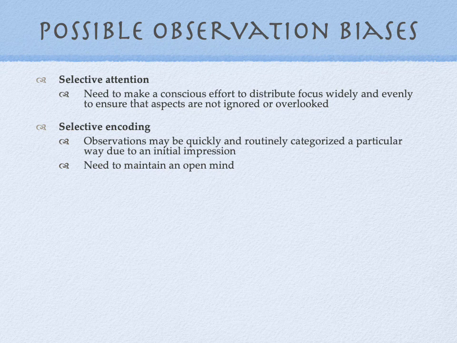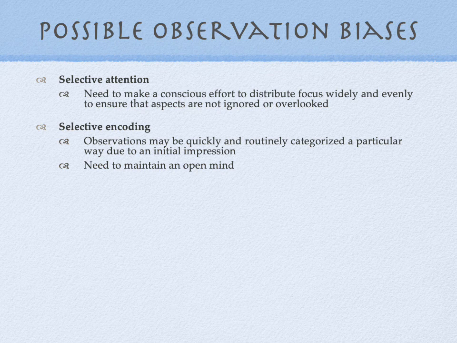Selective encoding. It's very easy for us, and another way of thinking about selective encoding is stereotyping. So with selective encoding, you see a particular behavior, you immediately chalk it up, or immediately categorize it as meaning a certain thing. And that may not be true.